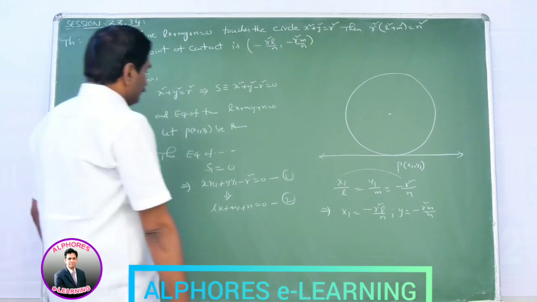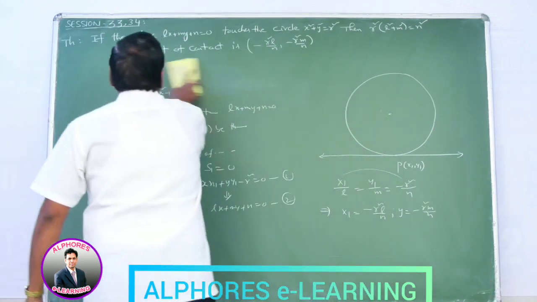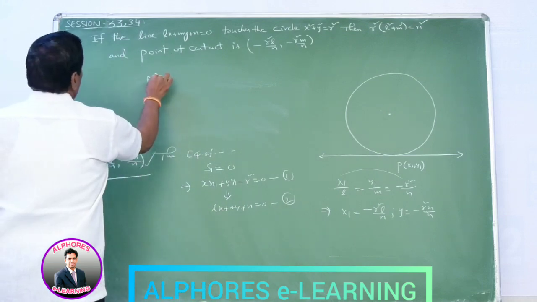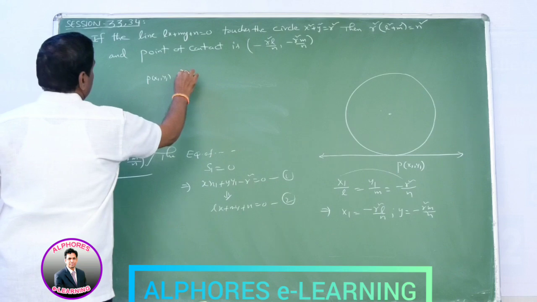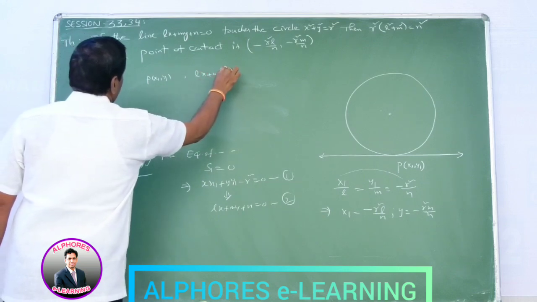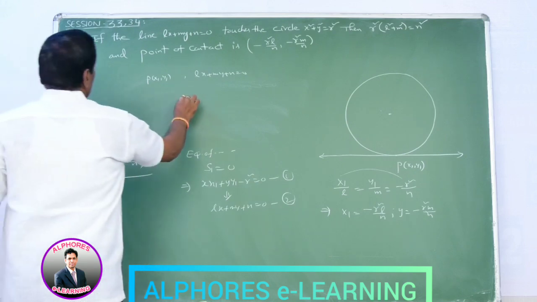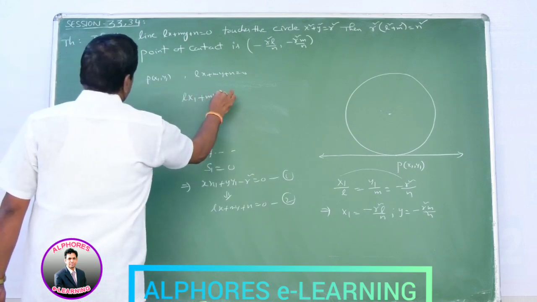So substitute the point P(x1, y1) on the line Lx + My + N = 0. Since the point P(x1, y1) lies on the line, therefore Lx1 + My1 + N = 0.